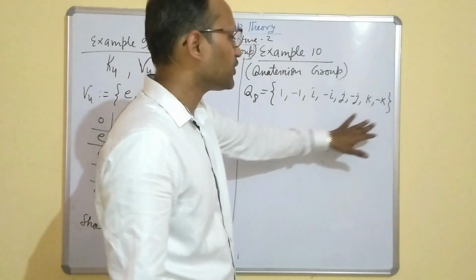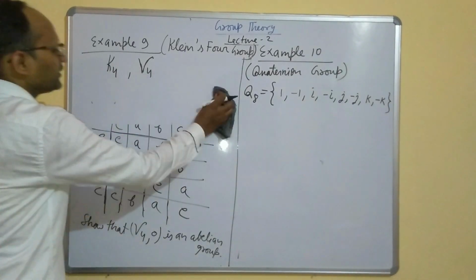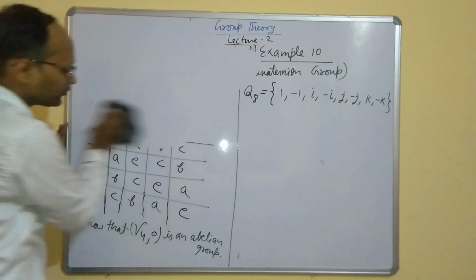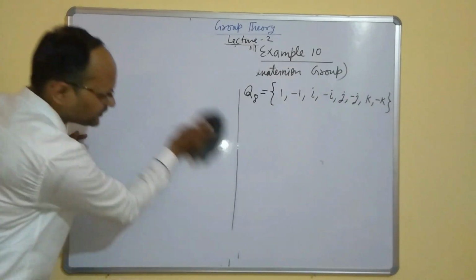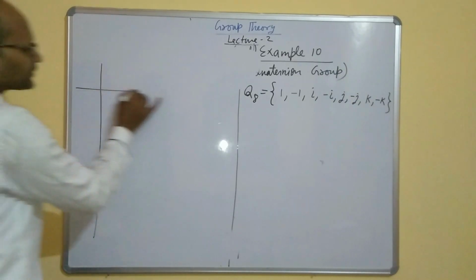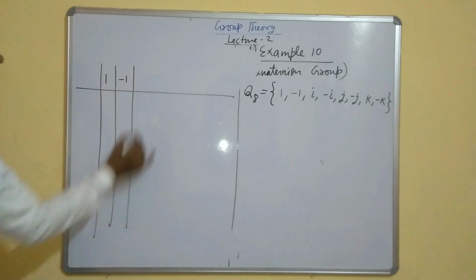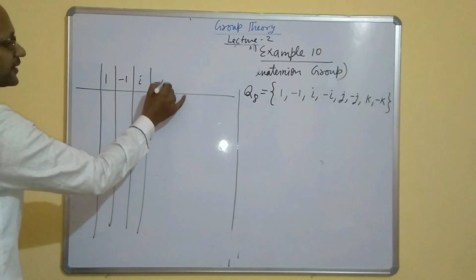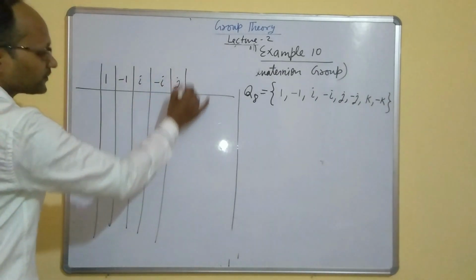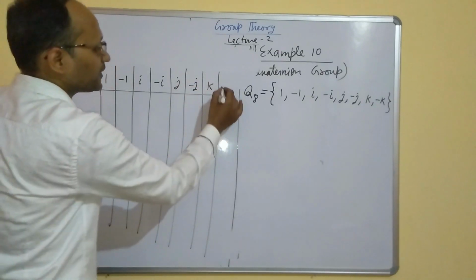We need to define an operation on this set. For defining the operation, we can make the whole multiplication table. I will also give you the trick how to fill this multiplication table easily. So let me first make the multiplication table: 1, -1, i, -i, j, -j, k, and -k.